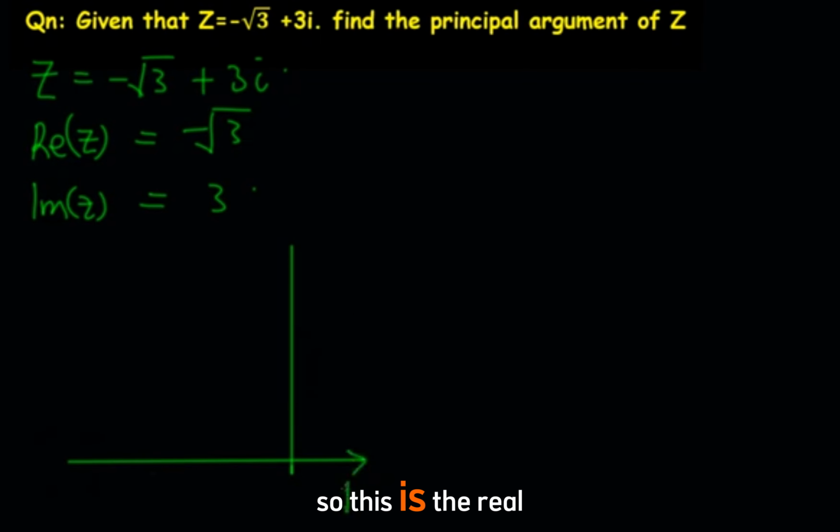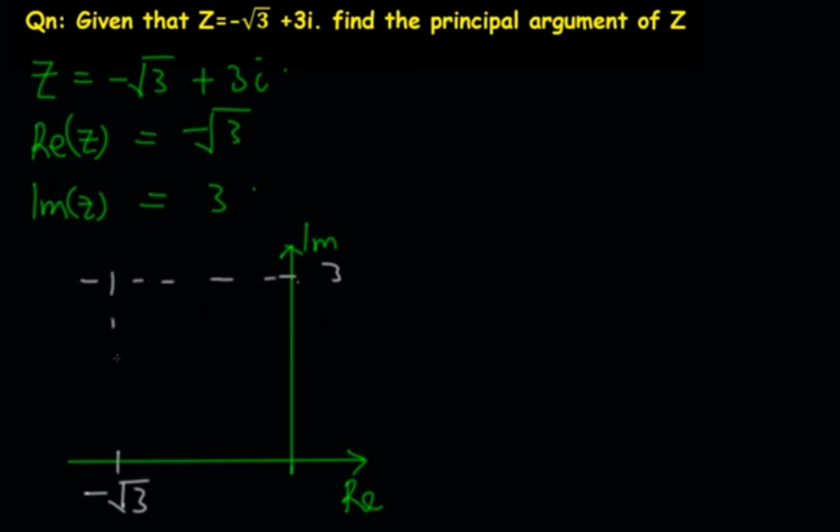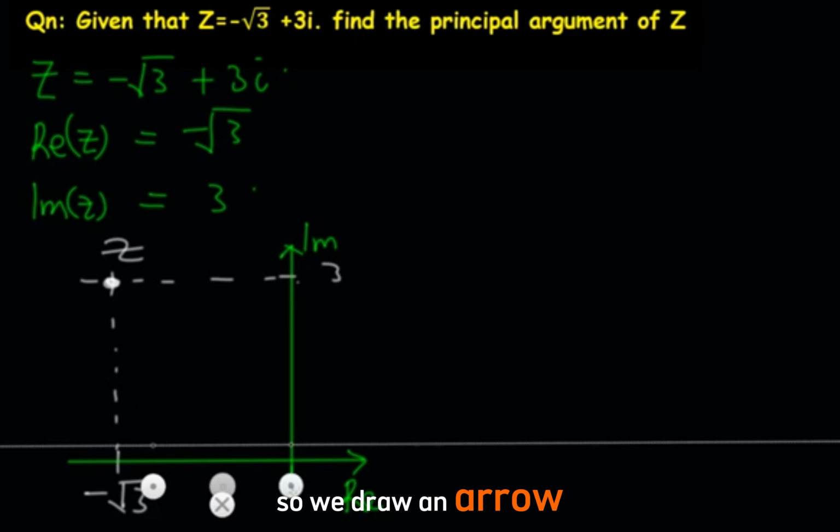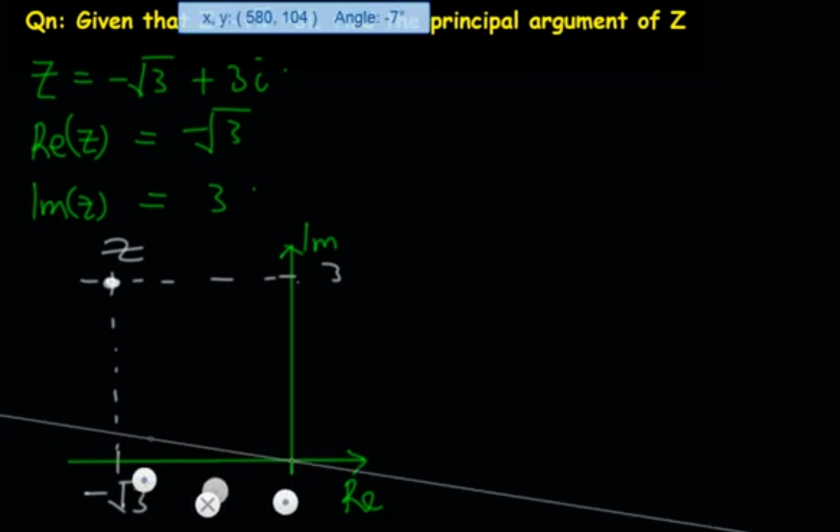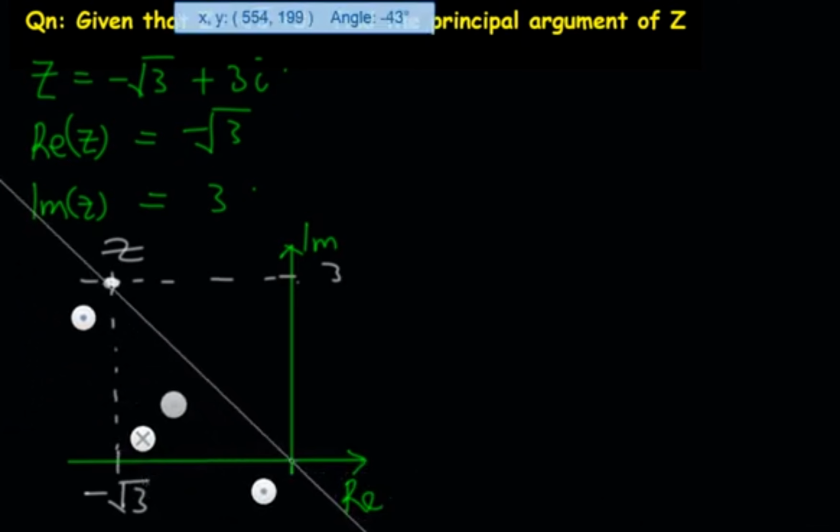So this is the real axis and this is the imaginary axis. But the real part of z is negative and the imaginary part is positive. So when we connect the two, we shall find z there. So we draw an arrow connecting the origin and z.